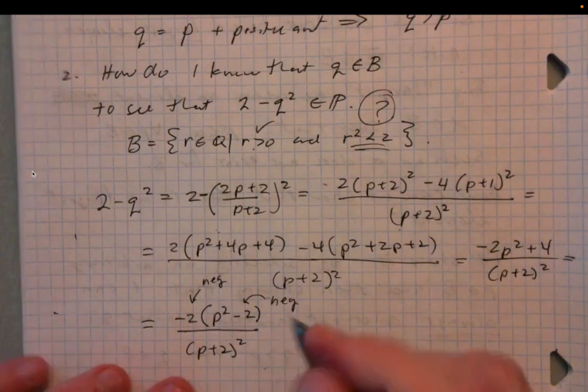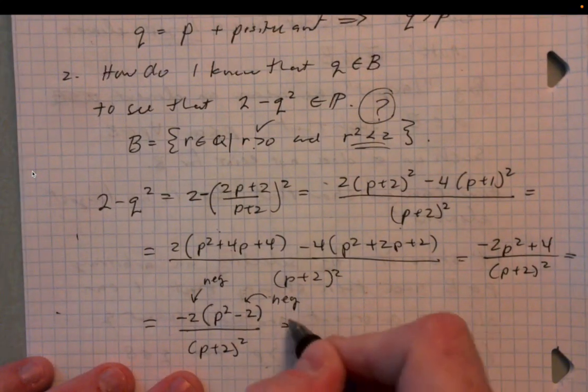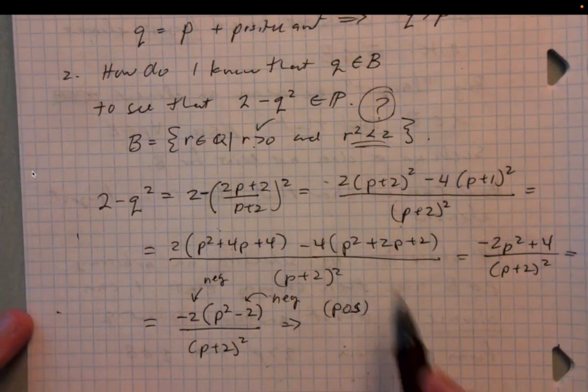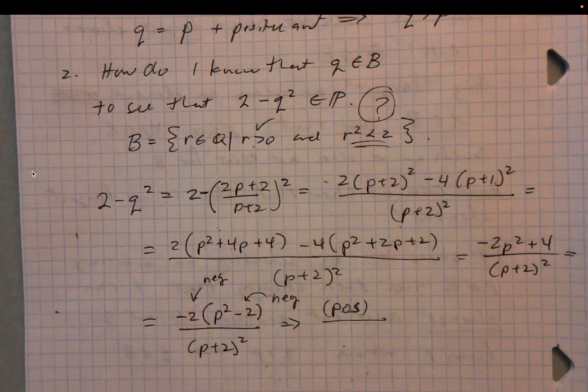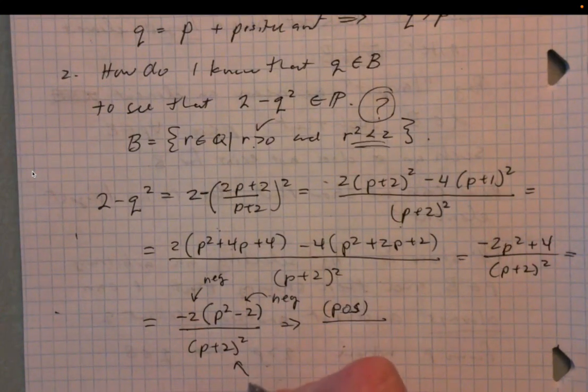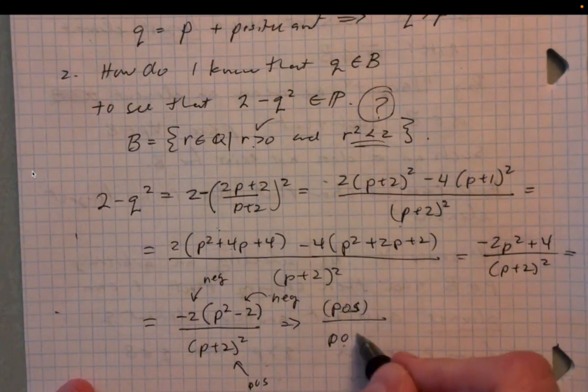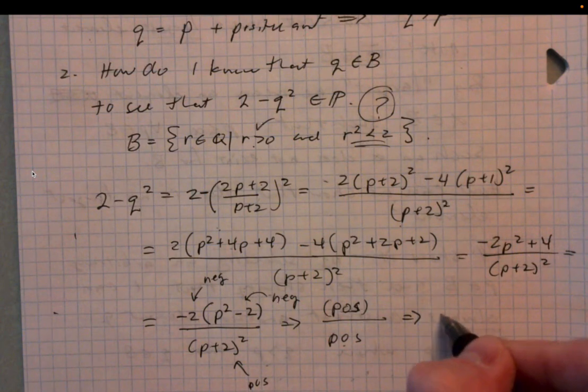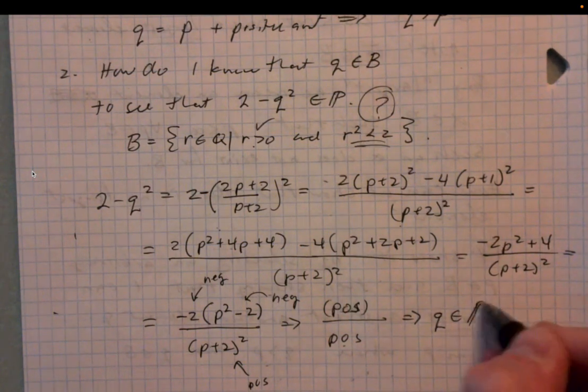So the top is a positive value, so the top is in P. What about the bottom? The bottom is obviously in P, so this is positive. I've got a positive over a positive, and that implies that Q is in P.